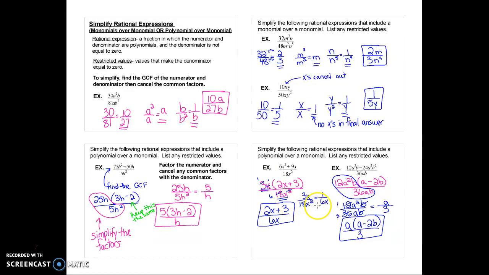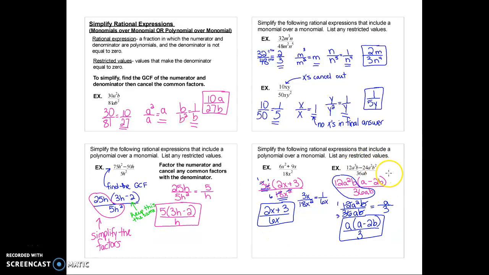So that's going to reduce to a 1 over 6x, technically. Okay. Still have a 2x plus 3 in our numerator. That entire 3x canceled out, so it's just a 1 connected to it, which you don't need. So we just write the 2x plus 3. Then our denominator becomes a 6x. Okay? That 18, remember, reduced and became a 6, and we still had an x left over in our denominator.